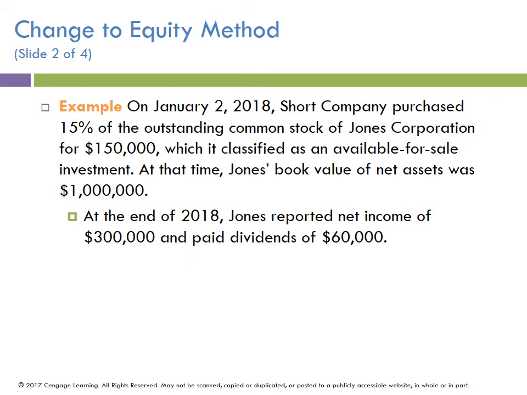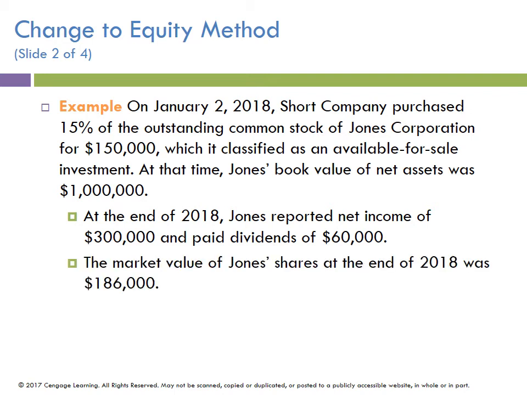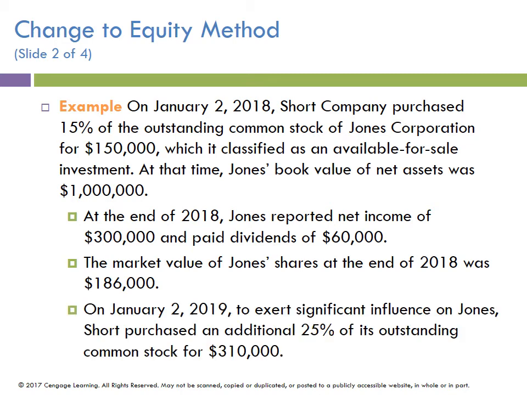That's great too. That doesn't matter to us. We're accounting for this under the fair value method right now. And then there's the market value. So at the end of the year, the market value is $36,000 higher. Now, if you want to see the examples of this and follow this along, it's on page 13-27. So if you want to refer back to any of the details of this. On January 2nd, Jones purchased an additional 25%.